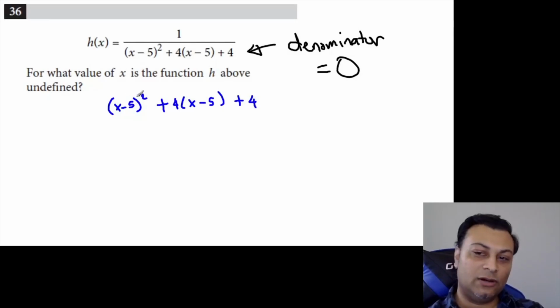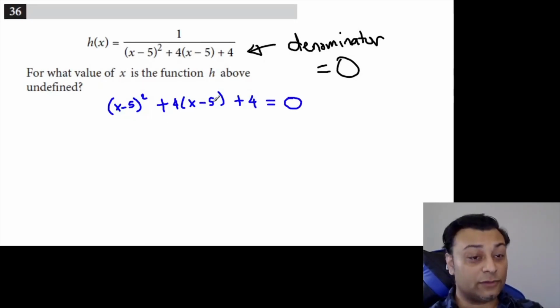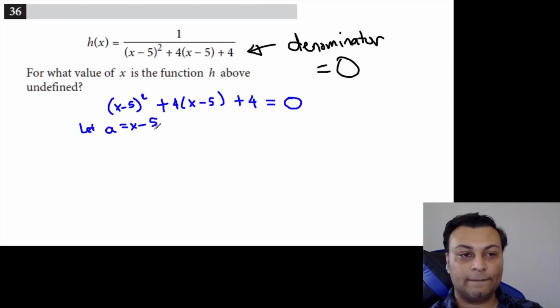Instead of opening all this up and solving for x, we notice that there's an x minus 5 and an x minus 5. We can make a substitution. So we shall let some new variable a be x minus 5. This helps us to solve it even quicker.